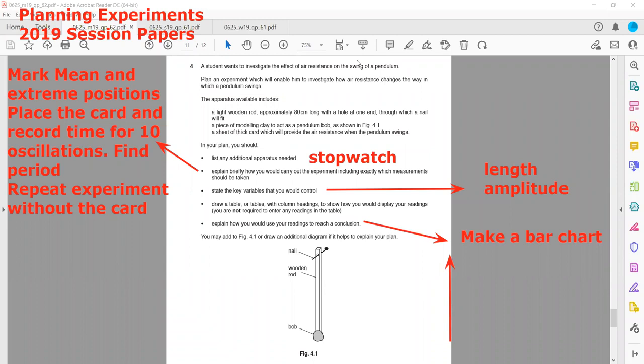On the y-axis, we can have the time period. On the x-axis, we have the sample. And we can roughly sketch here with air resistance and without air resistance. Here we have the time period. This one is without air resistance. The other one is with air resistance.